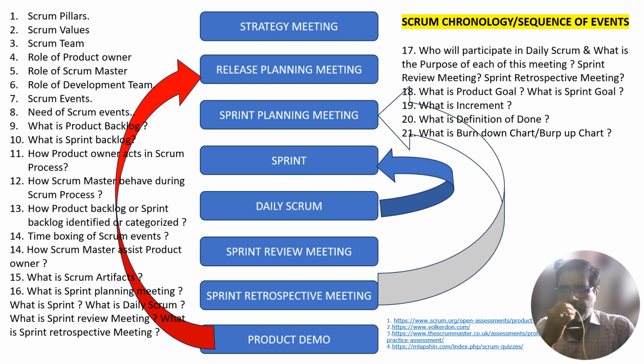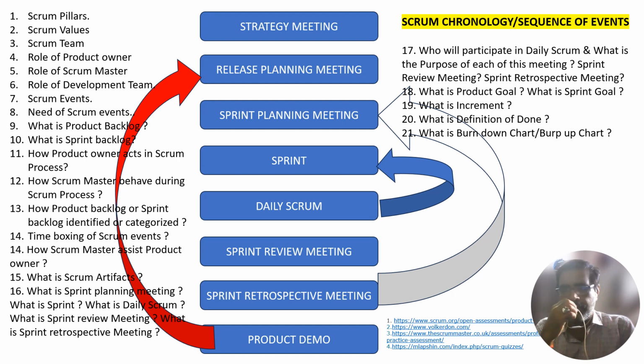Sprint planning is a time box to a maximum of 8 hours for a one month sprint. For shorter sprints, the event is usually shorter. Okay, that is the beauty of the sprint planning.